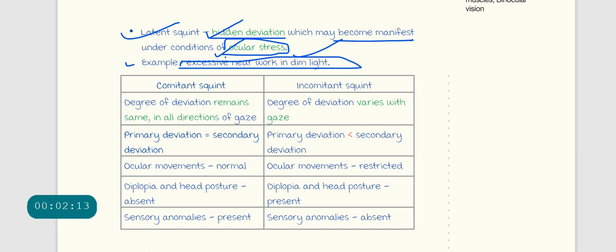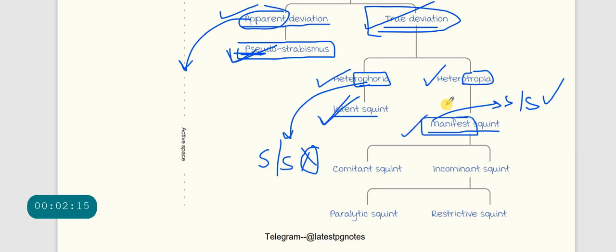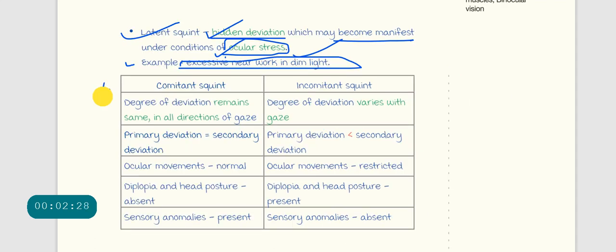The manifest squint is further divided into two subtypes: comitant squint and incomitant squint. Let us see the difference between comitant and incomitant.